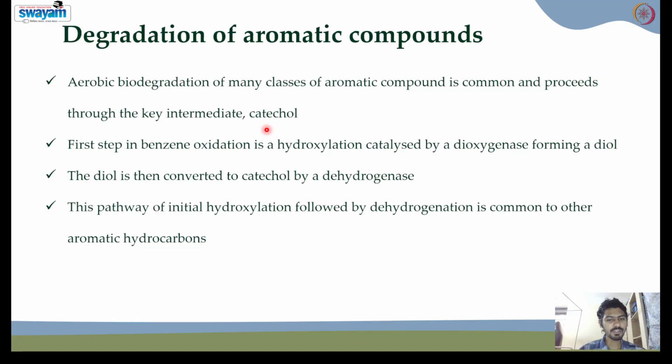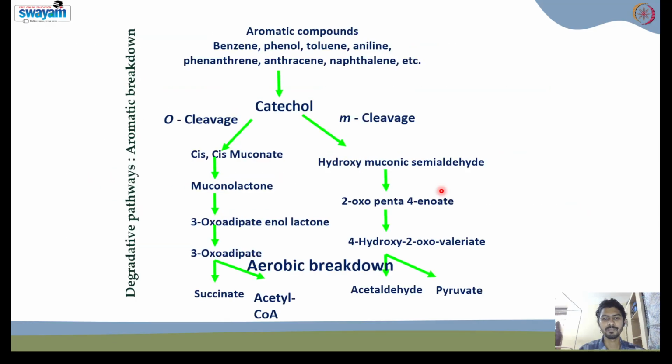We will see this in the diagrammatic representation also, but here you have to remember that all classes of aromatic compounds first undergo a hydroxylation reaction in order to convert them into diol. And through dehydrogenation, it will convert the diol to catechol. So this is the common pathway that is observed among various classes of aromatic hydrocarbons.